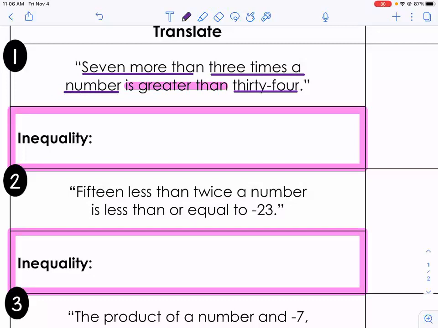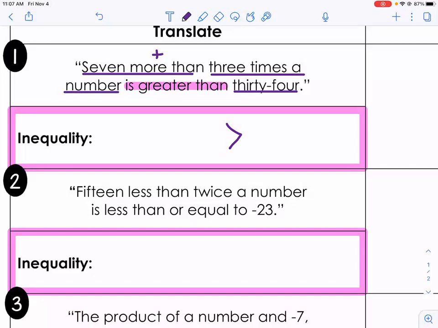That is what's indicating that it is in the inequality. This more than, there's not an is. What is that indicating? That is indicating addition. More than is indicating addition.